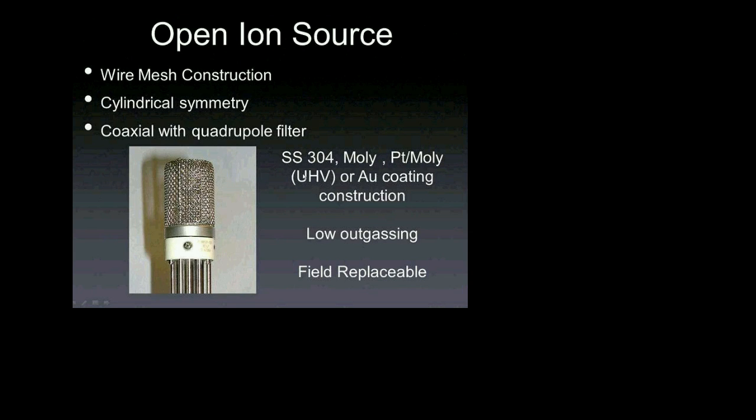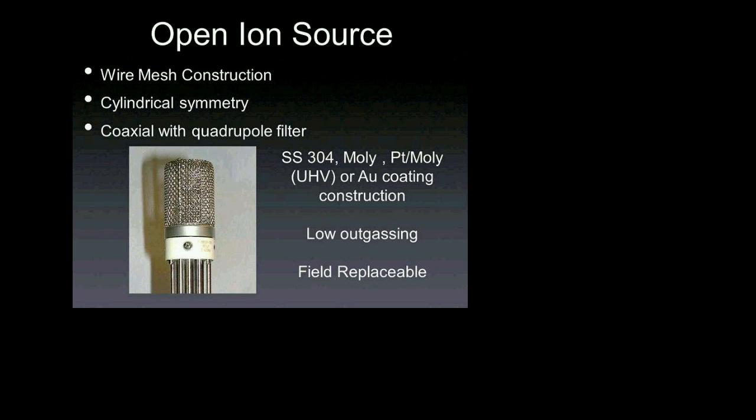This is particularly true for UHV applications, where 95% of the gas left in the vacuum system is hydrogen to start with. Another option is that some vendors might say, I don't have a moly or a platinum moly one, but I have a gold-plated version of the same ionizer, which has a much lower hydrogen outgassing level.